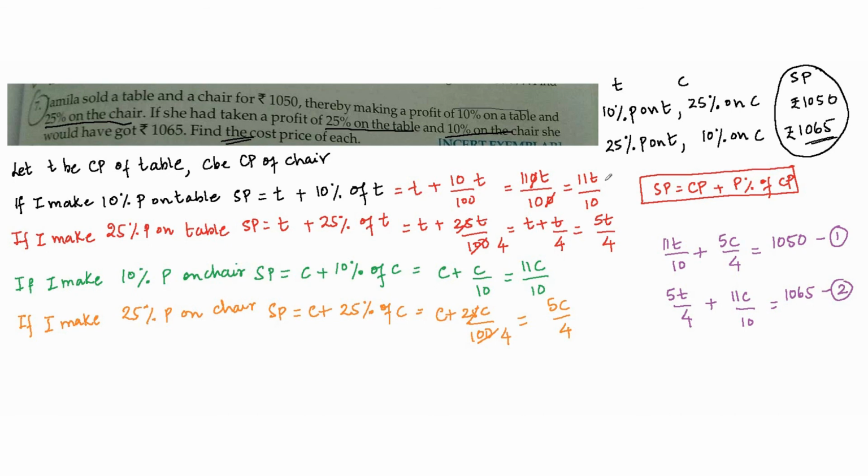So now we need to go ahead and solve for these two equations. Again, finding the LCM of 10 and 4 is 20. So let's multiply throughout by 20.